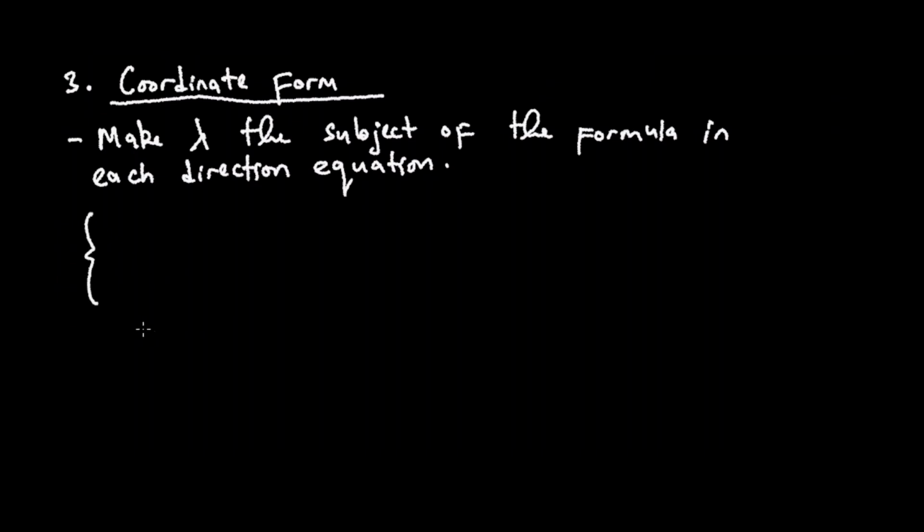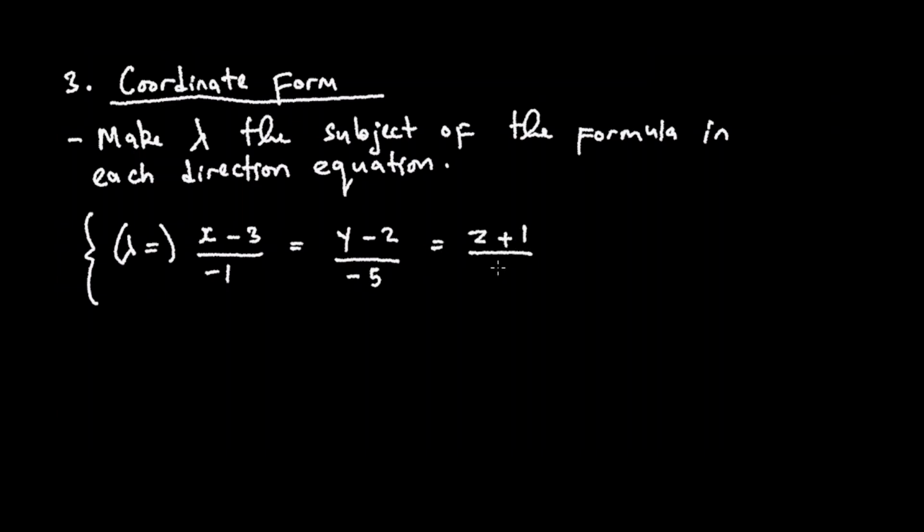Curly brackets again, lambda is equal to, in all cases we are making lambda the subject of the formula. So lambda is equal to x minus 3 over minus 1, which is also equal to y minus 2 over minus 5, which is equal to z plus 1 over 2, like this.